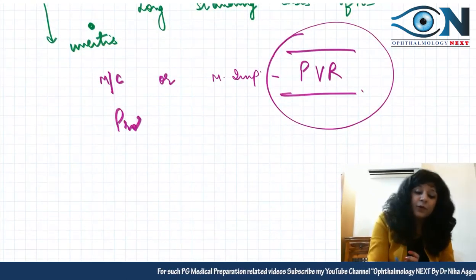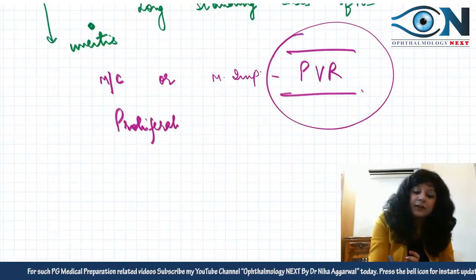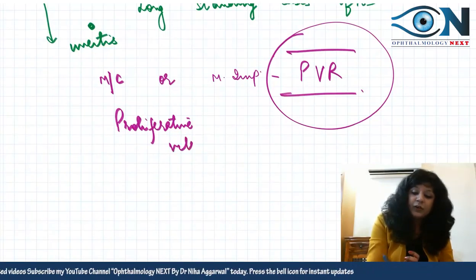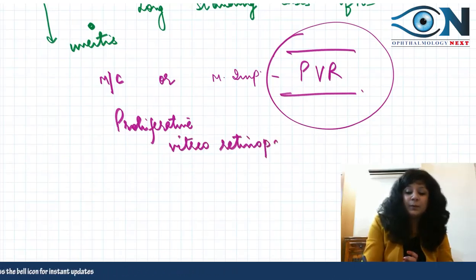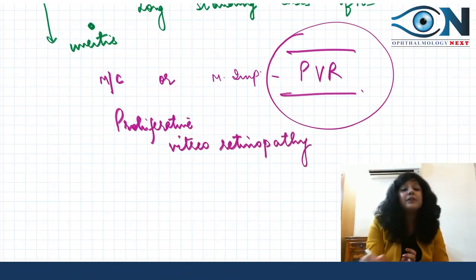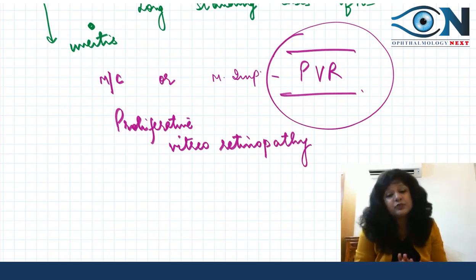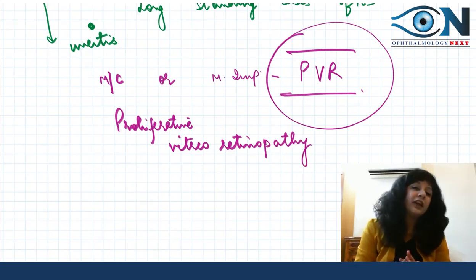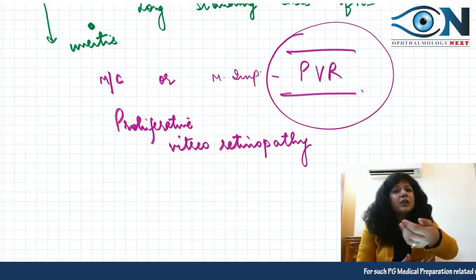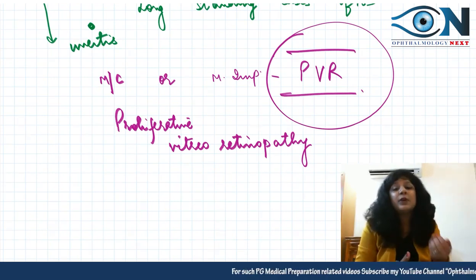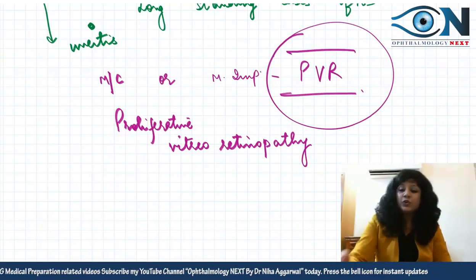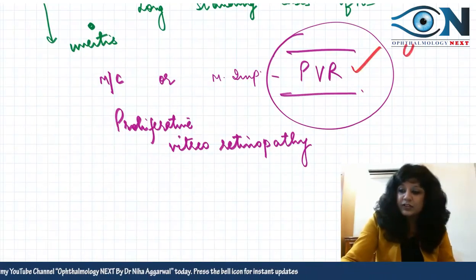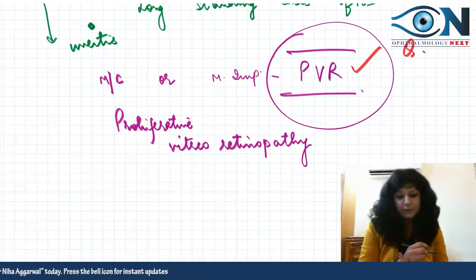This is your proliferative vitreoretinopathy. So whenever we have retinal detachment, always look for proliferative vitreoretinopathy, because actually traction was responsible for the break, and the break has then led to the RD. So you have to solve the question according to this. This PVR is very, very important.